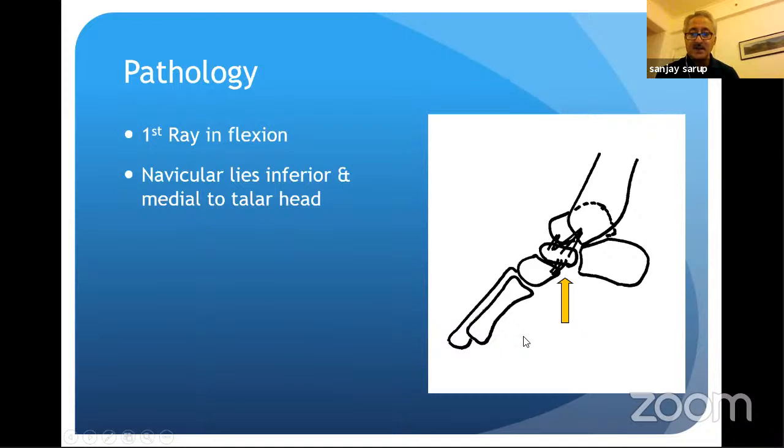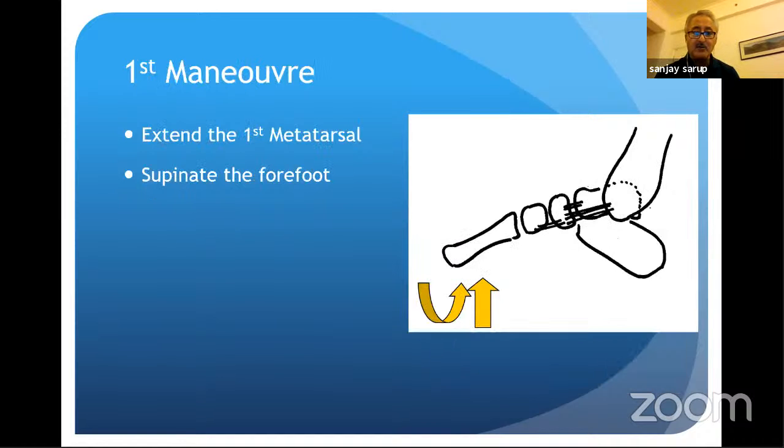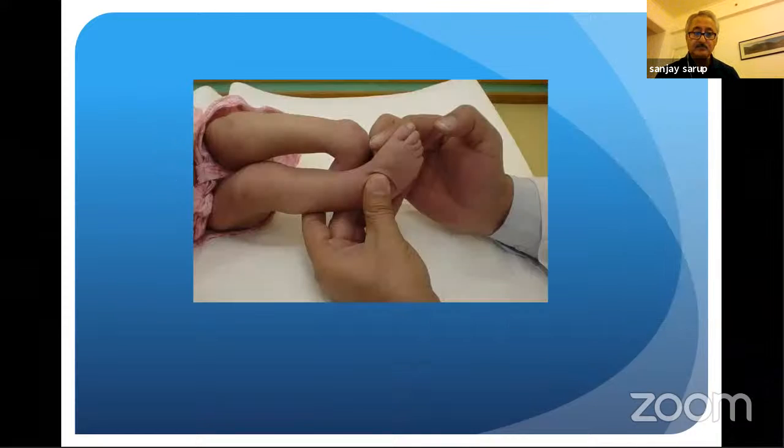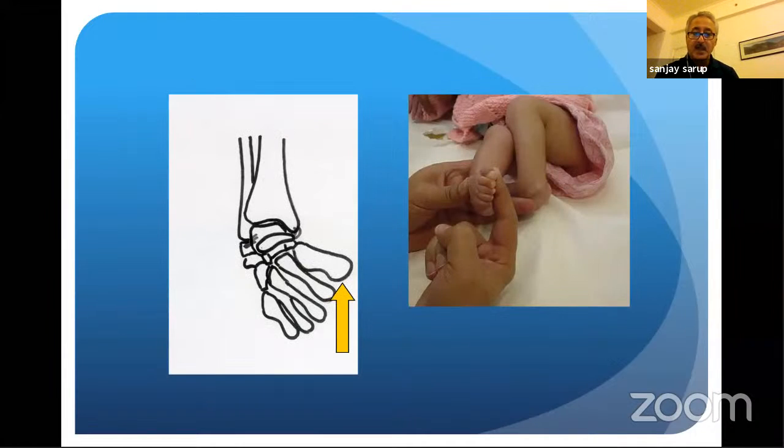So the first correction is always of the first ray. You have to bring it back into a correct alignment. How do we do that? You extend the first metatarsal and supinate the foot further. So that is the first and the most important maneuver, and it is the key to the whole technique. So this is what you do. You supinate the forefoot, and there you are.